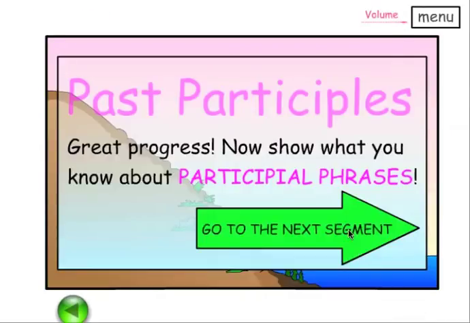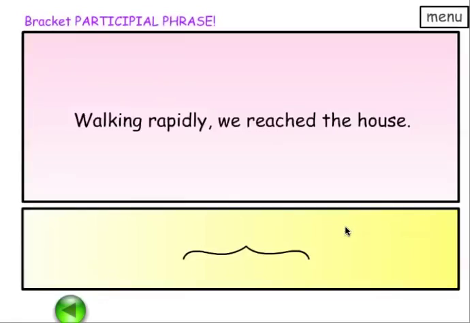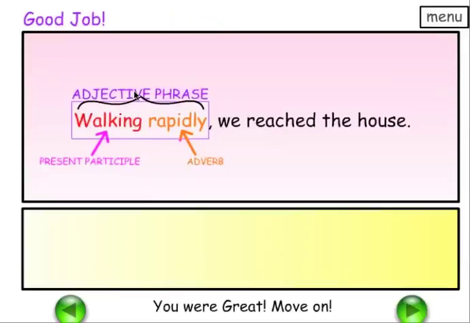Let's see how your students do on identifying the difference between past participial phrases and present participial phrases. In this case, we have the ing form of the verb, walking rapidly. We reached the house. Walking rapidly, we've got the present participial phrase used as an adjective.